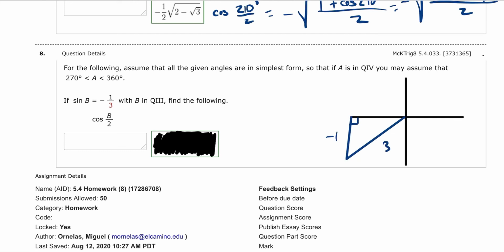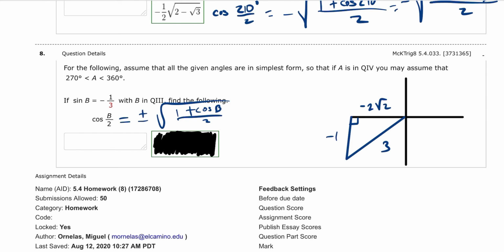All right, opposite over hypotenuse. This is still 2 radical 2, but it's negative because it's in quadrant 3. So now we can find out what this is. This is going to be plus minus the square root of 1 plus cosine of b over 2. All right, and let's see what we get here. Okay, so we're looking for this.